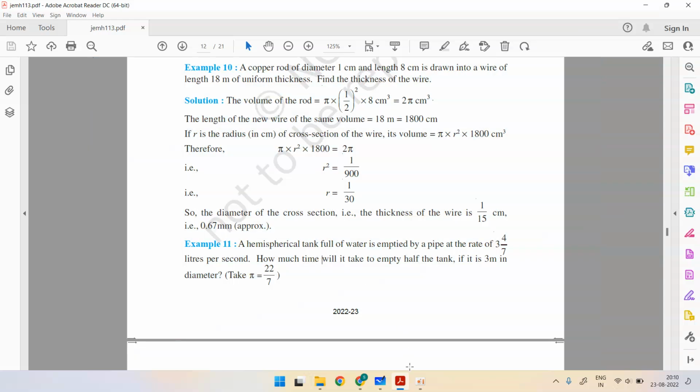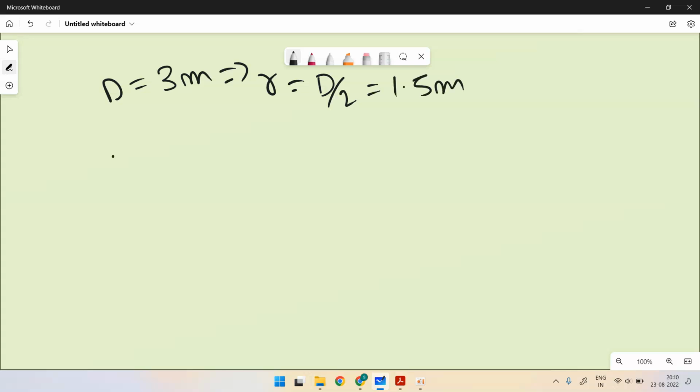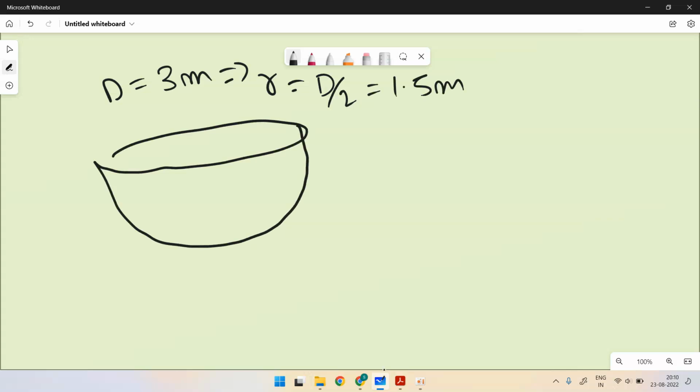Nothing to worry about. The diameter is given as 3 meter, so the radius will be d by 2, 1.5 meters. This is a hemispherical tank with radius 1.5 meters, and the height is also 1.5 meters.